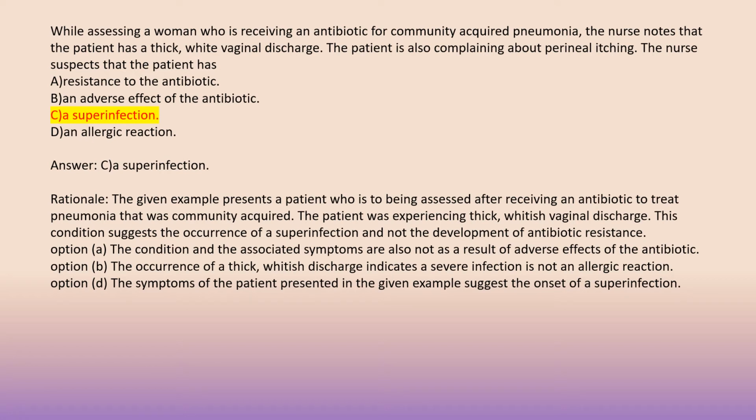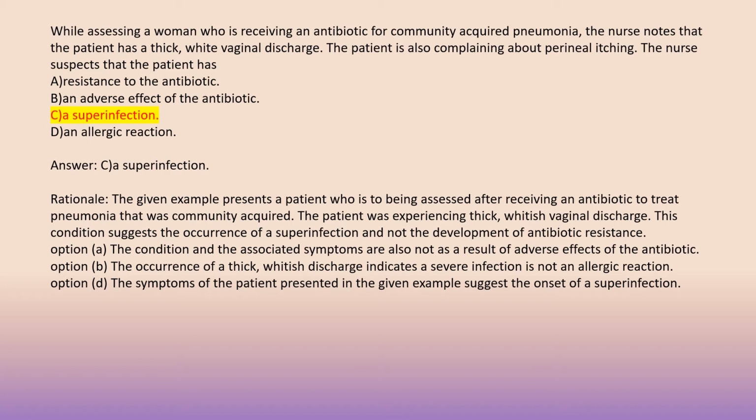Answer: C. A superinfection. Rationale: the given example presents a patient who is being assessed after receiving an antibiotic to treat pneumonia that was community-acquired. The patient was experiencing thick, whitish vaginal discharge. This condition suggests the occurrence of a superinfection and not the development of antibiotic resistance.